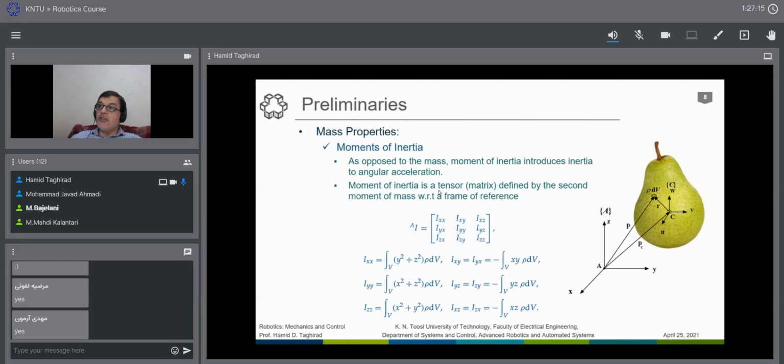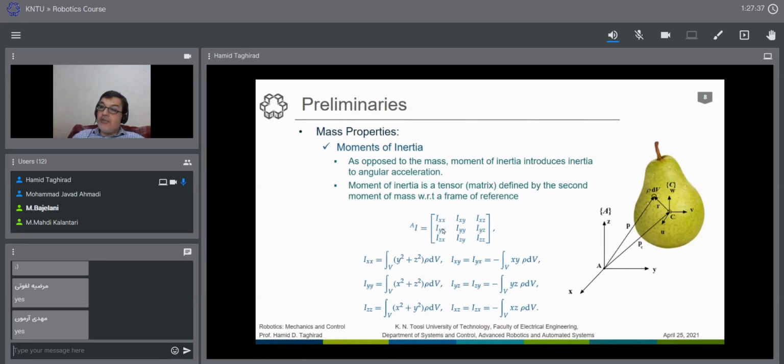We define the inertia matrix. We don't call it a matrix in practice; we call it a tensor because it has some mass properties, but it is actually a matrix. It is like a matrix that should be applied to the angular velocity.